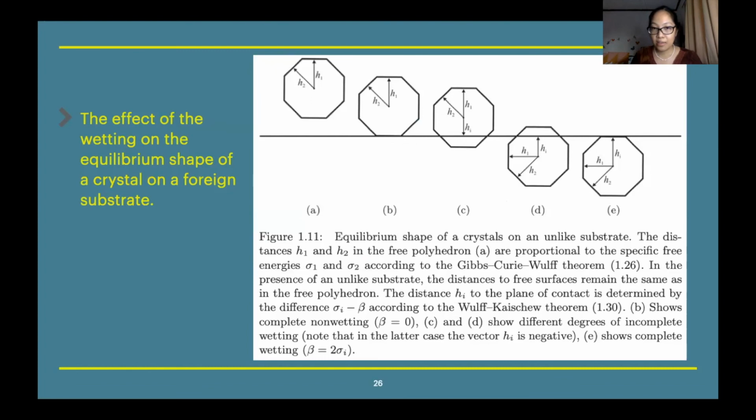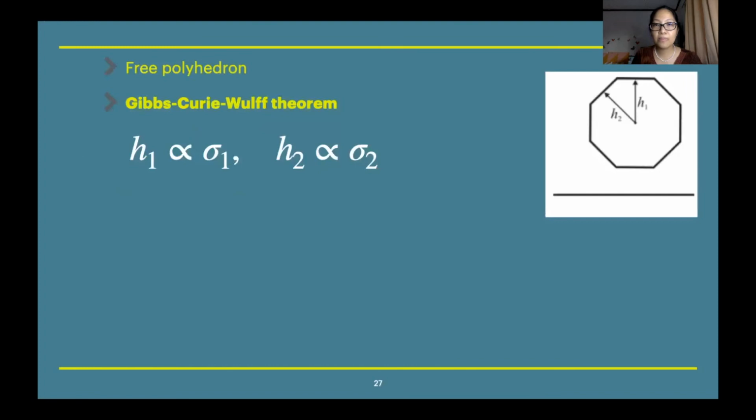So we'll look at illustrations A to E. In the case of a free polyhedron, the distance from Wulff's point to the crystal face, denoted by H1, and the distance from Wulff's point to another crystal face, denoted by H2, are proportional to sigma 1 and sigma 2 respectively. That is according to the Gibbs-Curie-Wulff theorem.